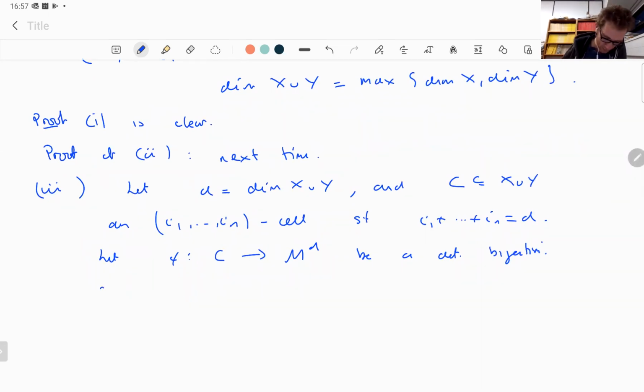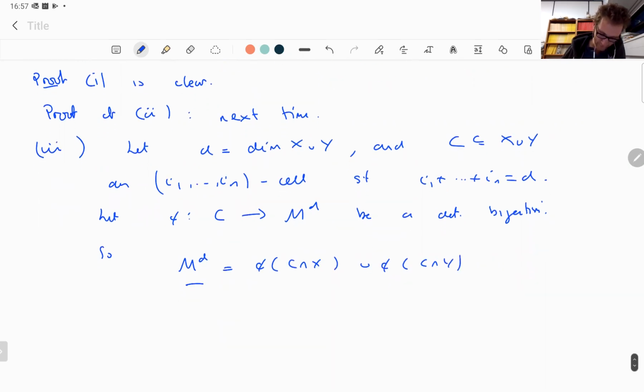So M to the D is the image of C, and C is contained in the union, so it's the image of C intersect X together with C intersect Y. And this is open, so one of these two contains an open cell.